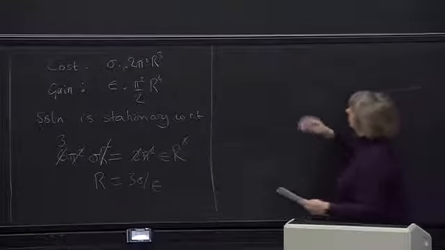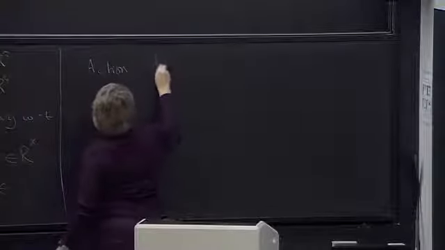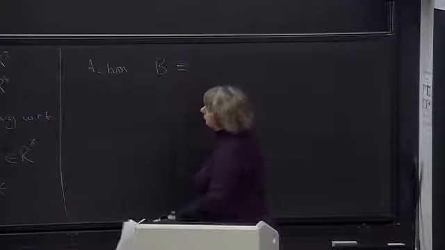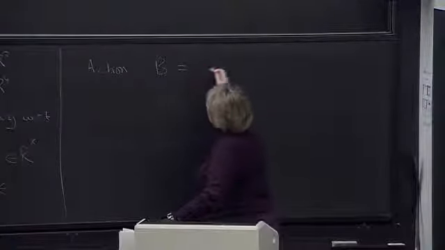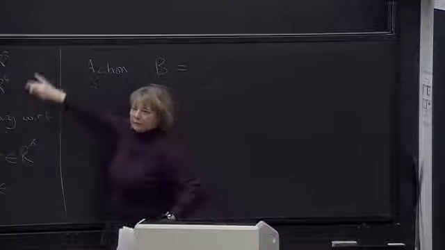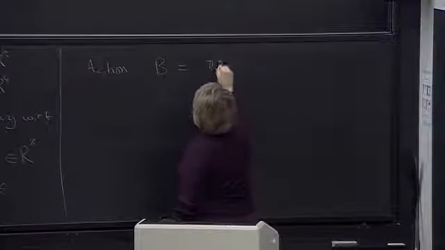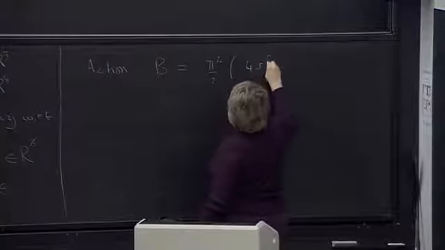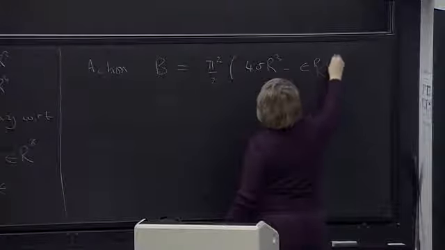So then my action, called B. I always forget which way around this goes. I think it's gain minus cost, hopefully. So I simply evaluate the difference between these two terms. So we've got pi squared on 2 into 4 sigma r cubed minus epsilon r to the 4th.